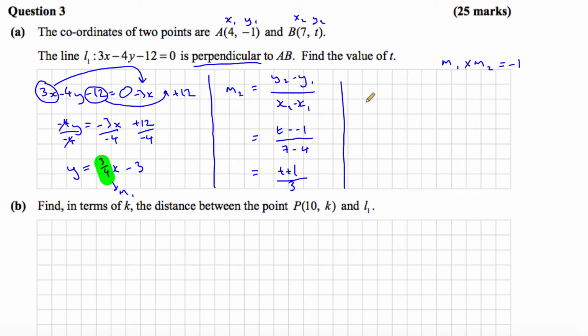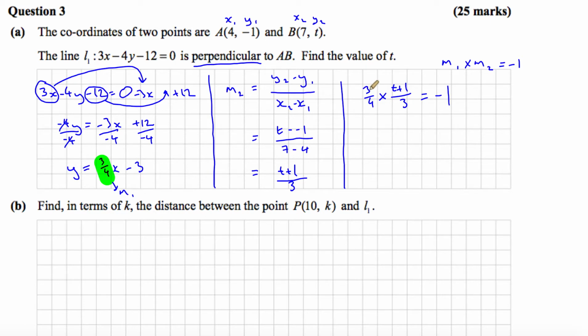The multiplication of the slopes, so that's 3/4 multiplied by (t + 1)/3. Because the lines are perpendicular, we multiply their slopes, we know we get an answer of -1 always. That's always true.